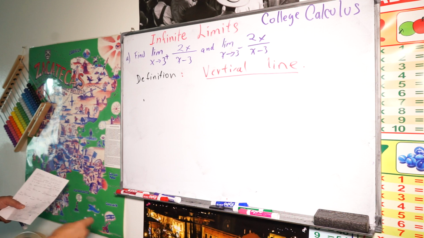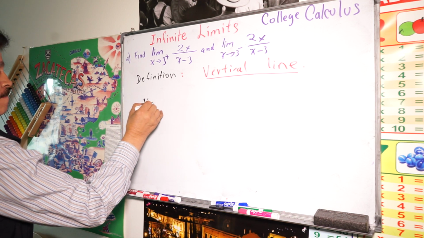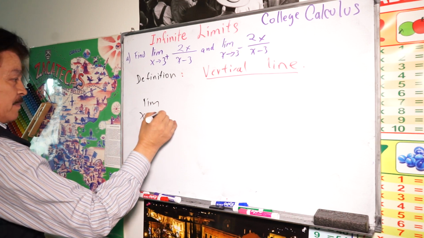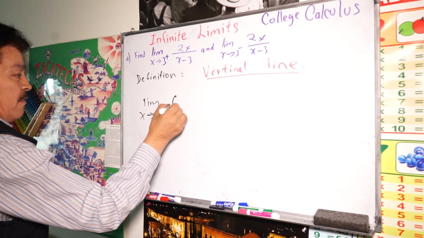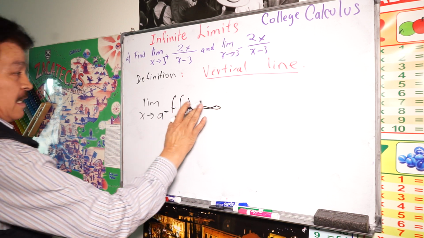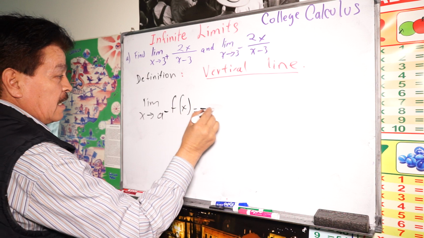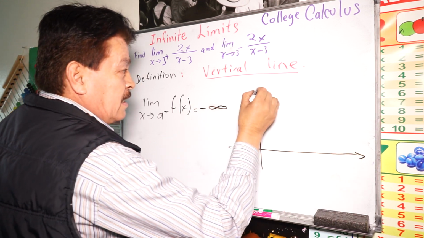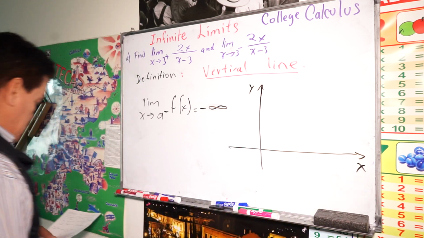Number 3, we have a limit when x approaches 8, but now it's negative here. So f of x equals negative here. This is negative. So see the graph, y, x.